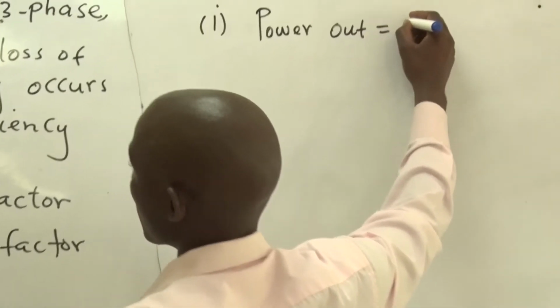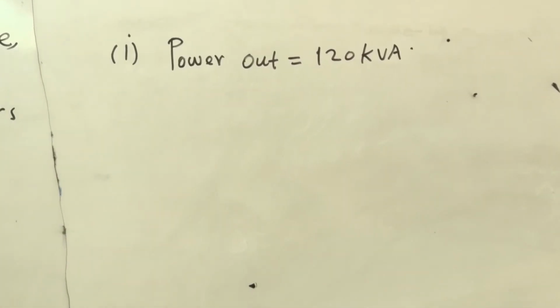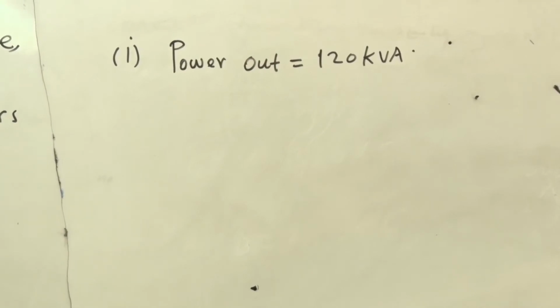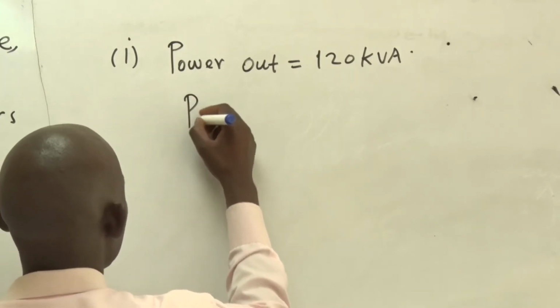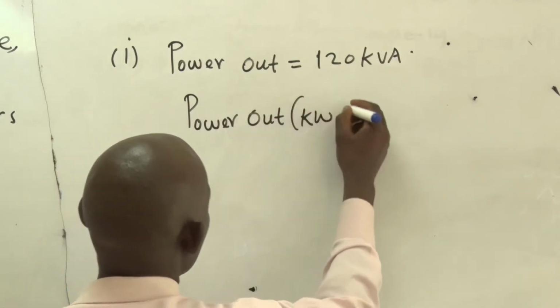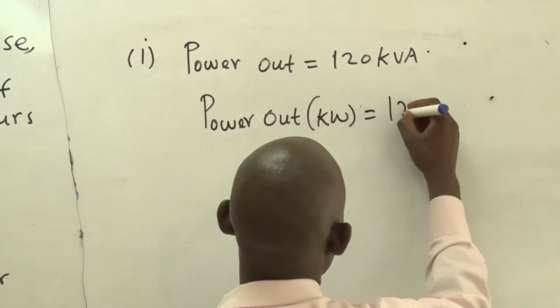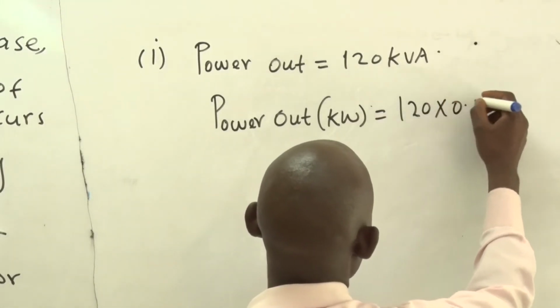Power out is given as 120 kVA. But remember, for purposes of calculation, you need to convert kVA into kilowatts. And we use this formula that now our P out in kilowatts will be equal to 120 times 0.8.